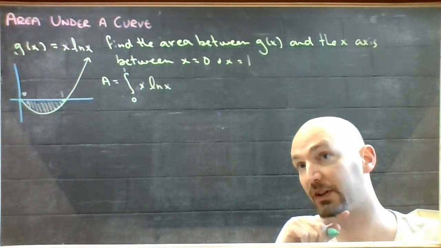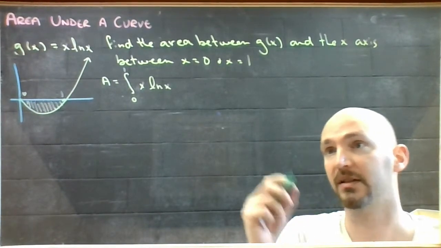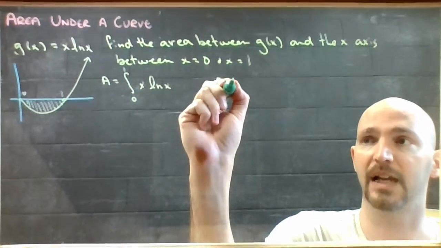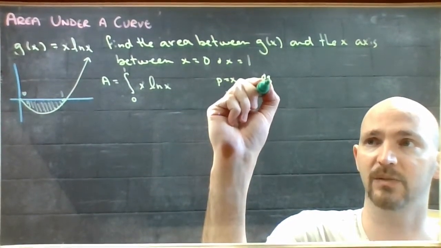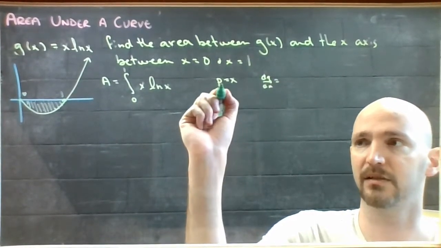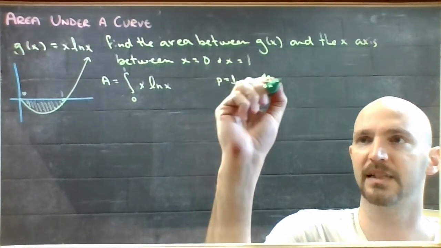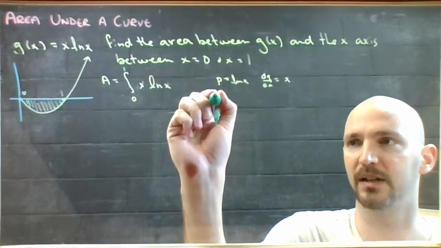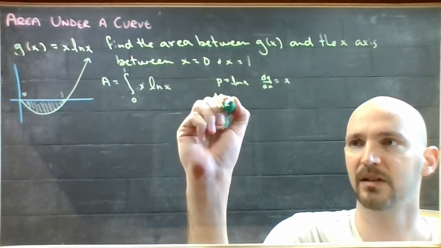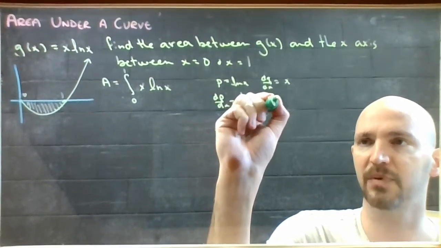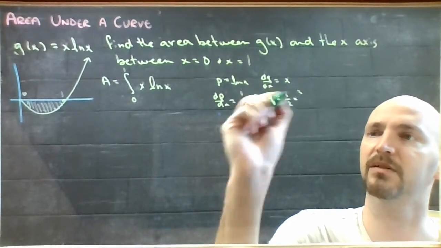So that's an integration by parts. So I'm going to let p of x equal ln x, and dq of x equal x. So my dp puzzle piece will be 1 over x, and my q puzzle piece will be 1/2 x squared.